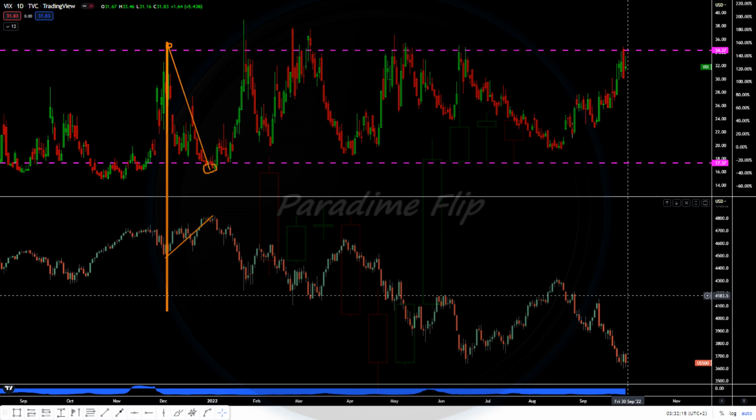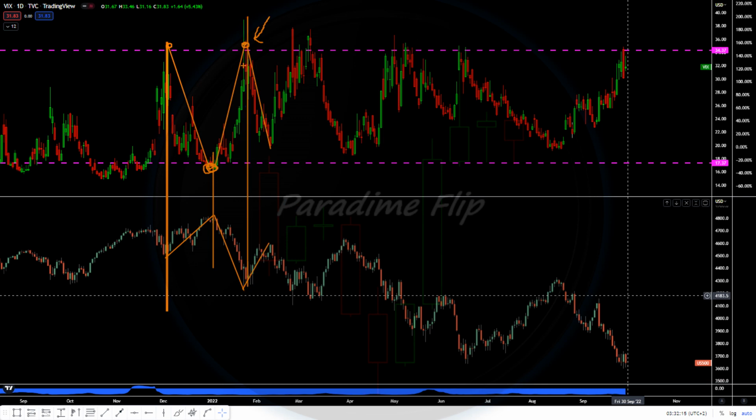And once we reach the bottom of the range at this point, we could expect a move back to the top of the range, okay? And at this same point in time, we saw a drop in the S&P, and we reached the top of the range yet again. And at this point, we can expect the VIX to actually mean revert, and as a result, the S&P to rally, and that's exactly what happened.